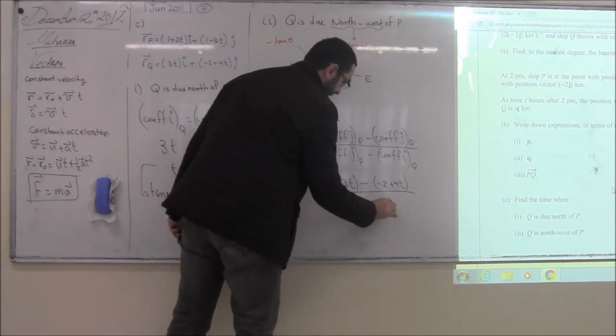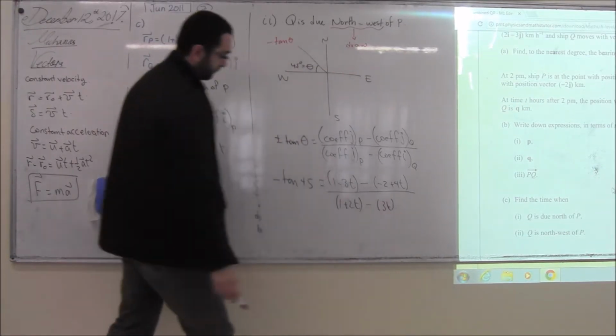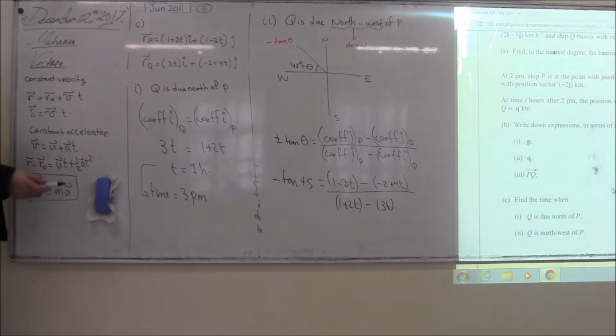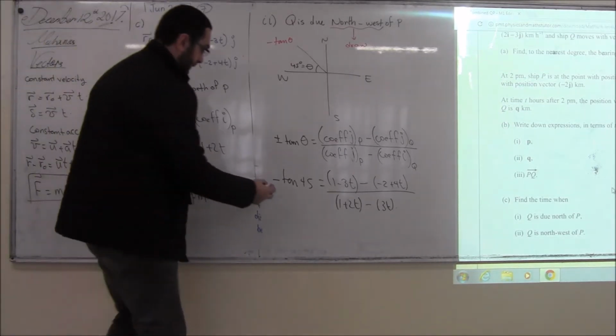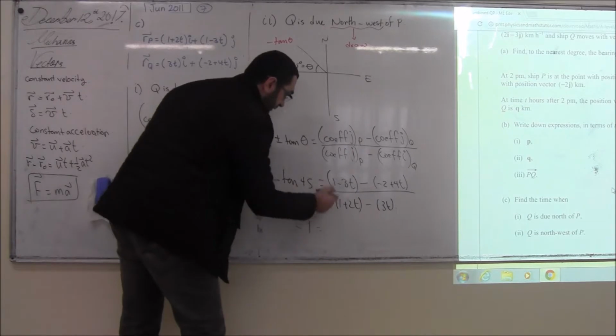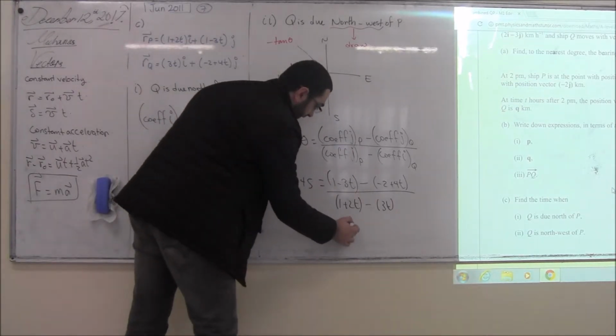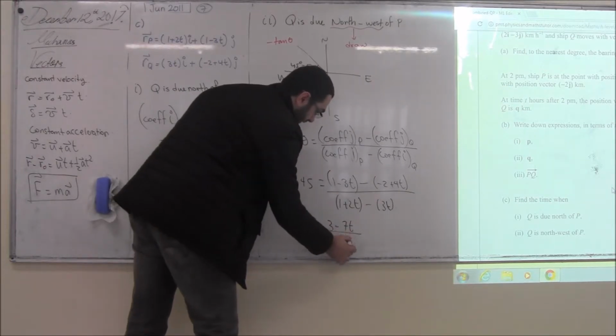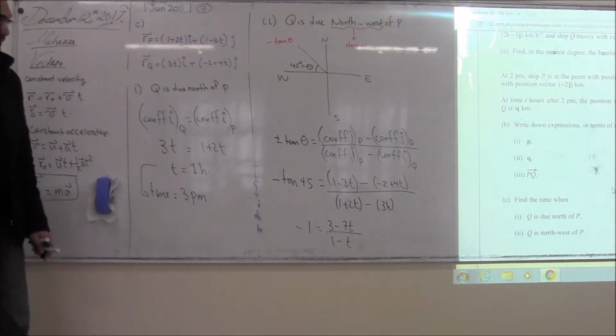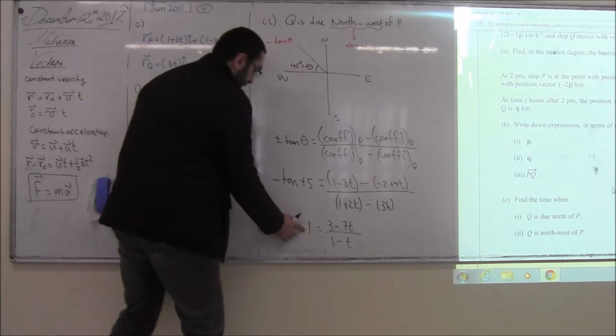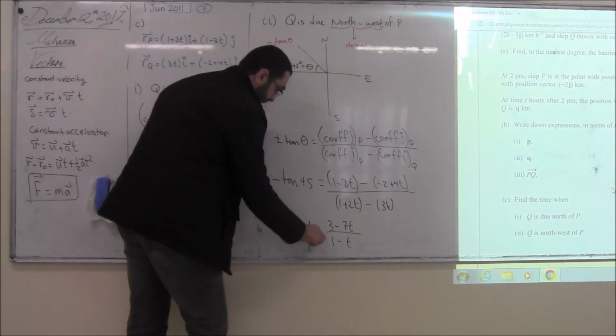Now I have to simplify this. Minus 1 equals 3 minus 7t over 1 minus t. Now, cross multiplication.